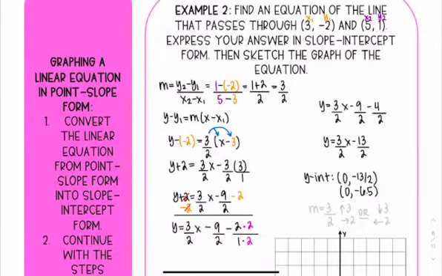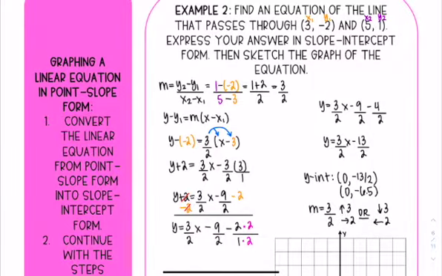And my slope is still 3/2. And so that means that I can go up 3 units and to the right 2 units. Or remember, we have 2 options. We can go down 3 units and to the left 2 units.